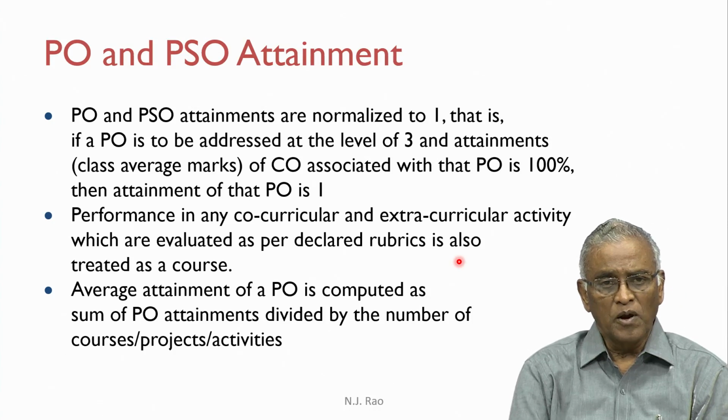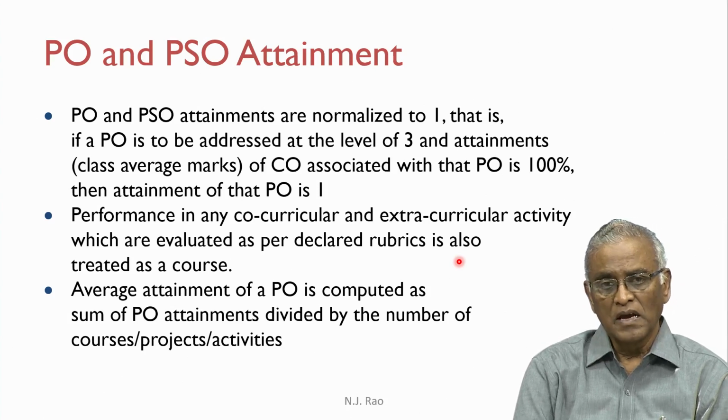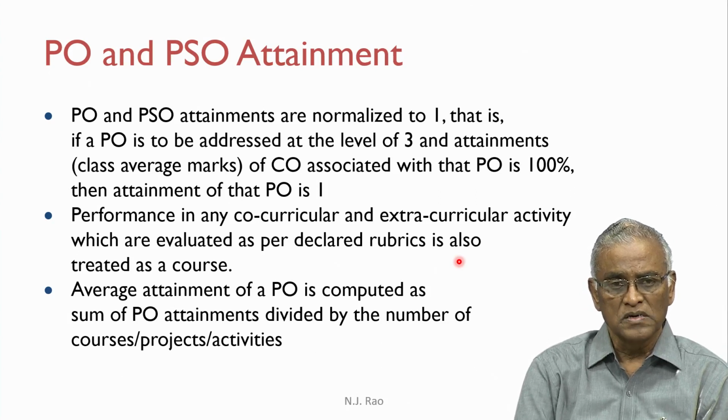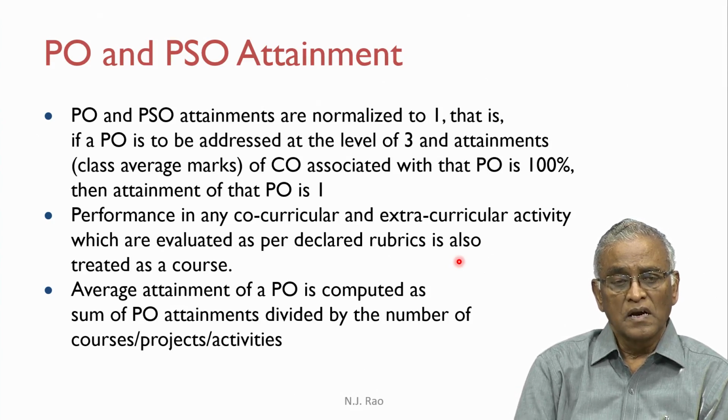And here, performance in any co-curricular and extracurricular activities, if they are evaluated as per some rubrics declared in advance to the students, can also be treated as a course. For example, one can consider any activity as a course of 1 credit over a semester.